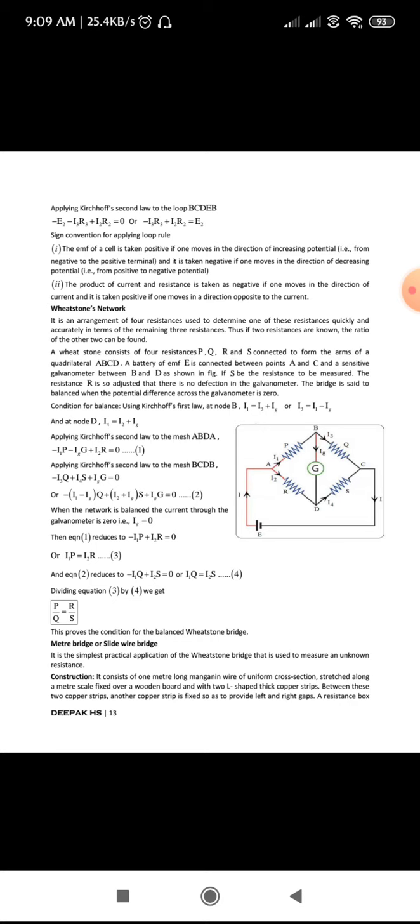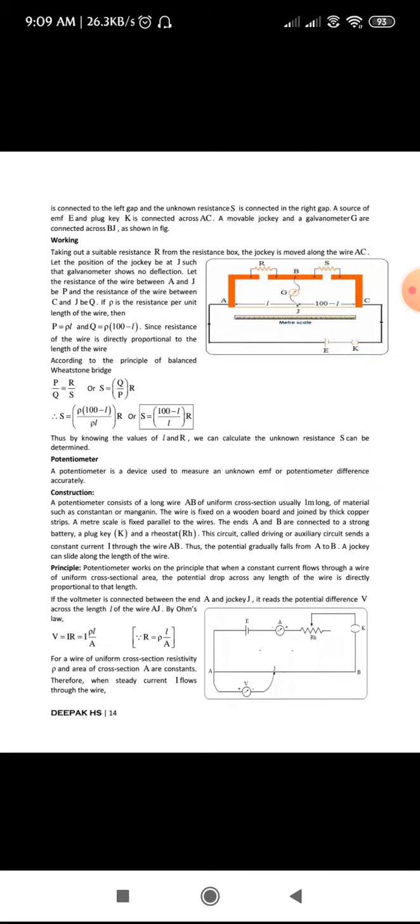Between these two copper strips, another copper strip is fixed so as to provide left and right gaps. A resistance box is connected to the left gap and the unknown resistance S is connected in the right gap. A source of EMF E and plug key K is connected across AC. A movable jockey and a galvanometer G are connected across BJ as shown in the figure.